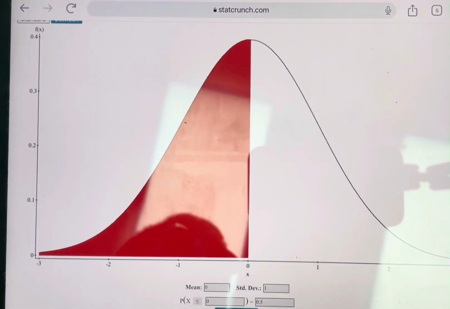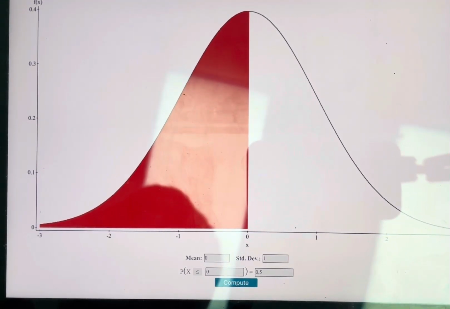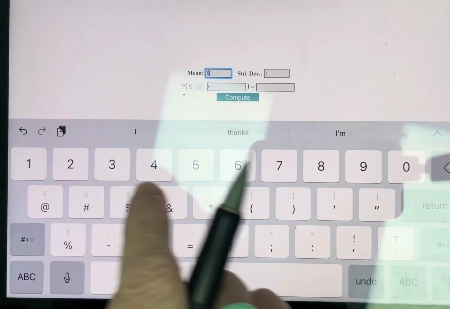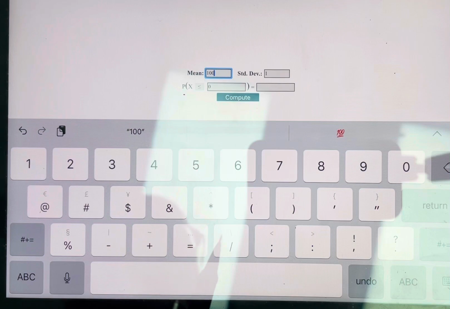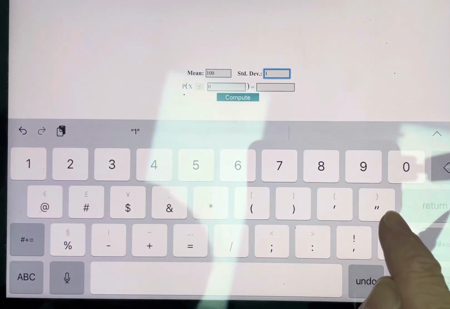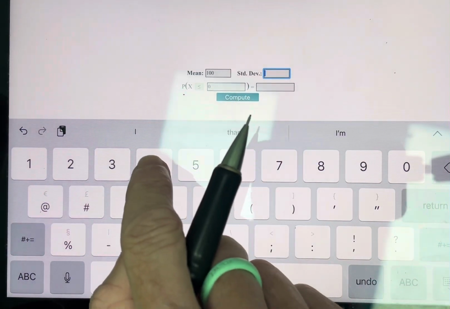Well, I'll tell you what, I'll make sure that you all can see it. There you go. I got my defaults here. Well, we know that our mean is 100, so we're going to type in 100. There it is. We know our standard error, our standard deviation for x bar, is 4.743.